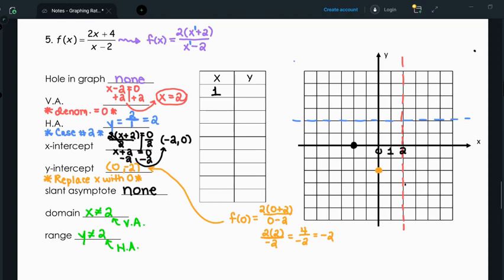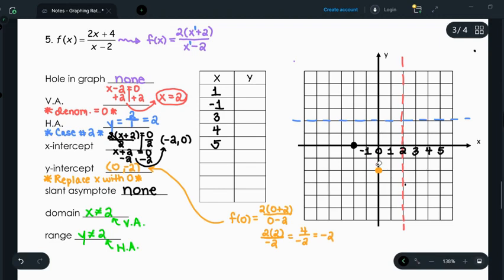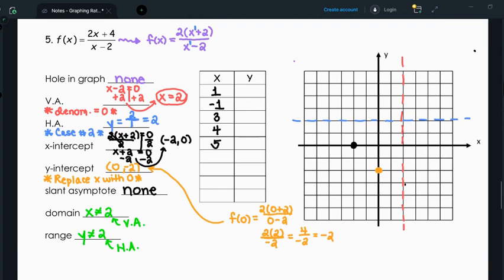I do know what's happening at 0, but I don't know what's happening at -1, so I'll include that as well. On the right side, I have no idea what's happening at 3, 4, and 5, so I'll go ahead and include those. I'll go ahead and erase those numbers. That was just to get some points in my table. And we'll go ahead and solve these down, plugging these into our simplified function.